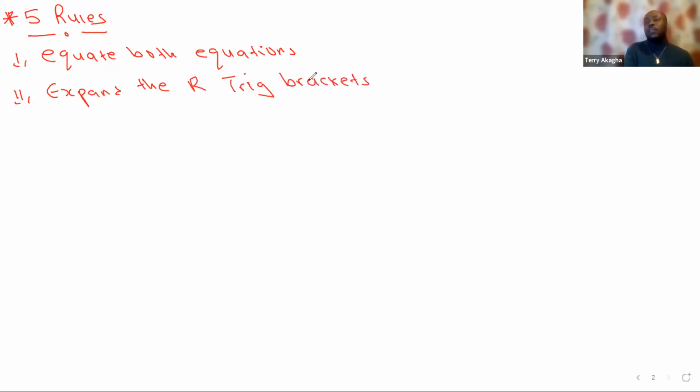So when you've done that, you equate both equations, you then expand the R trig brackets. The third thing you then have to do is compare similar terms on both sides of the equation.